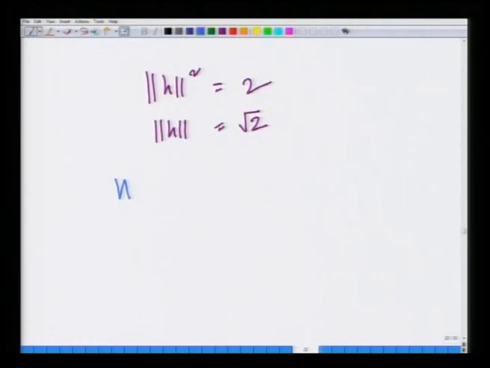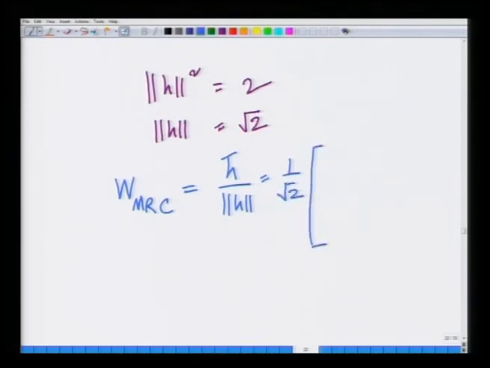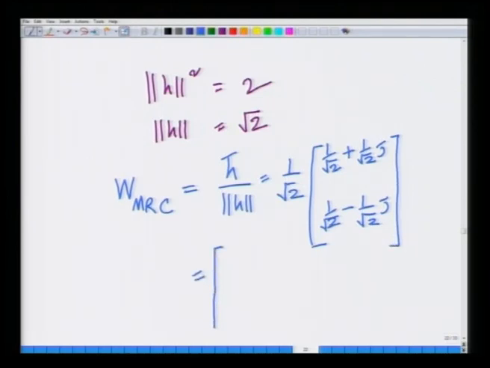Hence, the optimal MRC beamformer, let me write this as w MRC equals h bar divided by norm h. We know norm h is root 2. So, 1 divided by root 2 times h bar is the MRC combining vector, which is 1 over square root of 2 plus 1 over square root of 2 times j, 1 over square root of 2 minus 1 over square root of 2 times j, which is nothing but 1 over square root of 2 into 1 over square root of 2 is half, and so on.